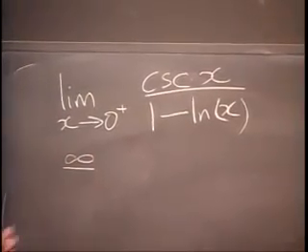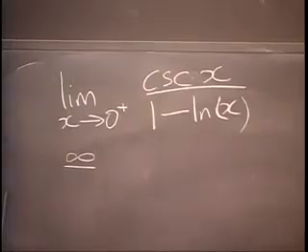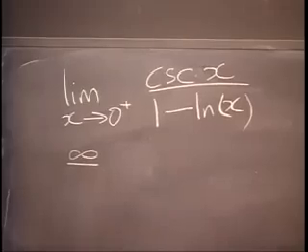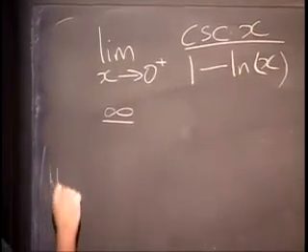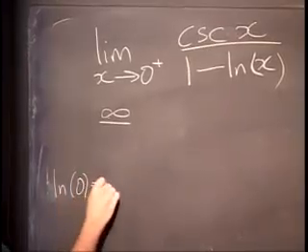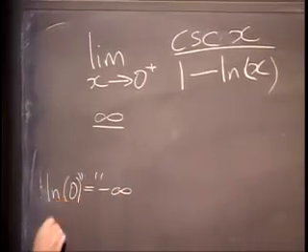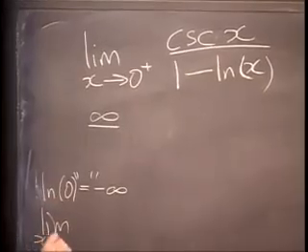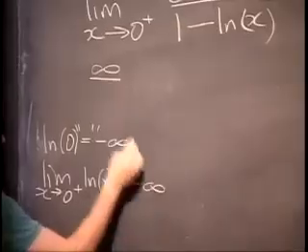How about log of 0? What's log of 0, or at least 0 plus? What happens to log as x goes to 0? Negative infinity. Okay? If you ever had to remember one useful pseudo-equation, which is not a real equation, it's that log of 0 is minus infinity. Of course, it doesn't exist. What really works is that the limit as x goes to 0 from above of log x is minus infinity.